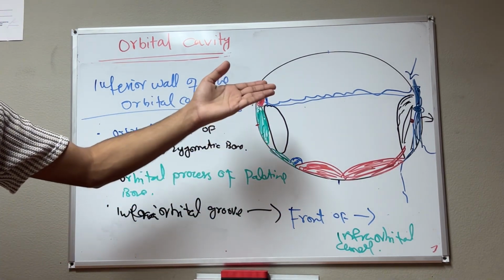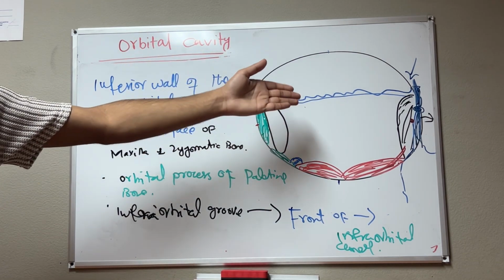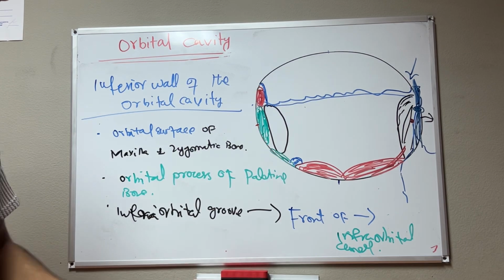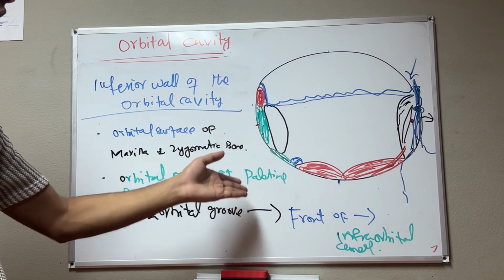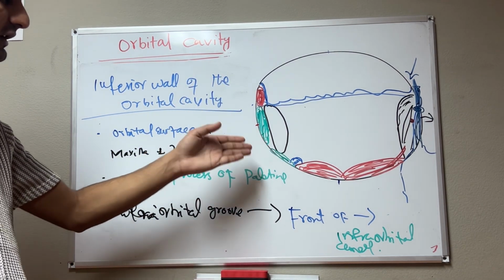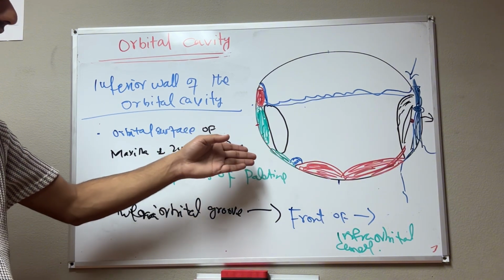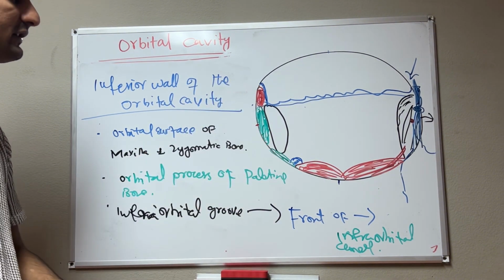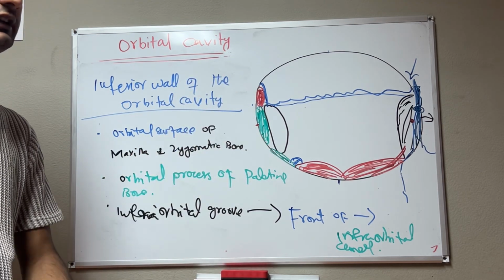We discussed the superior wall: we have the orbital part of the frontal bone and the lesser wing of the sphenoid. In the medial wall we have the frontal process of the maxilla, the lacrimal bone, the body of the sphenoid bone, and the orbital plate of the ethmoid bone.